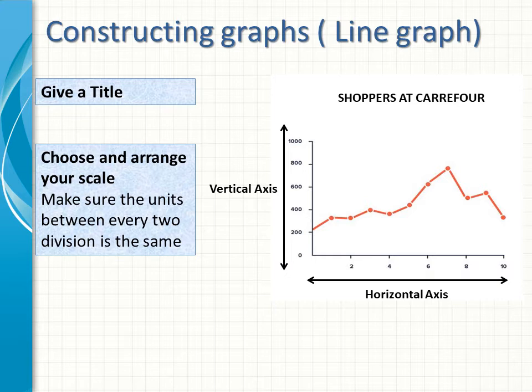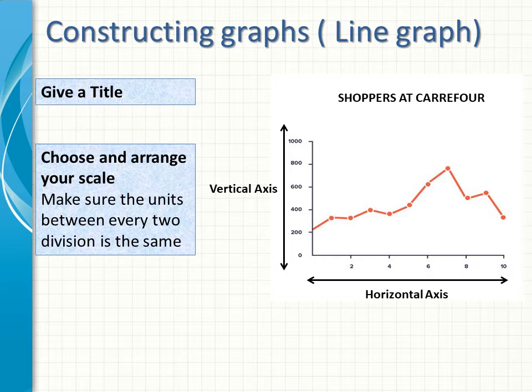If in the information or the data we are given, it says the highest number of customers that came to Carrefour was 500. You cannot stop your scale on 400. Your scale has to reach up to 500 or more than 500. If not, you'll be leaving out that information. Your graph will not be able to capture that information.